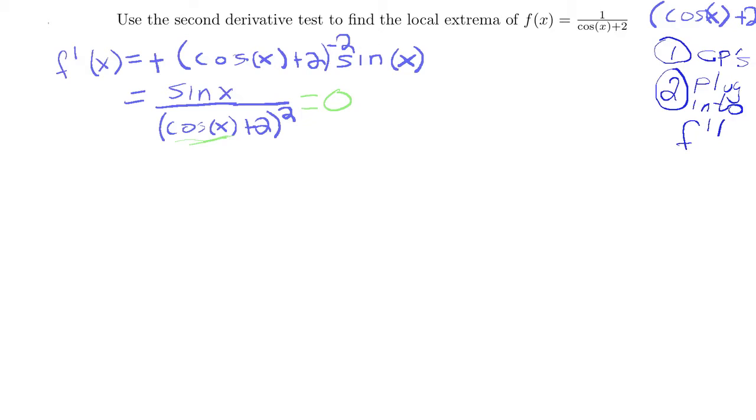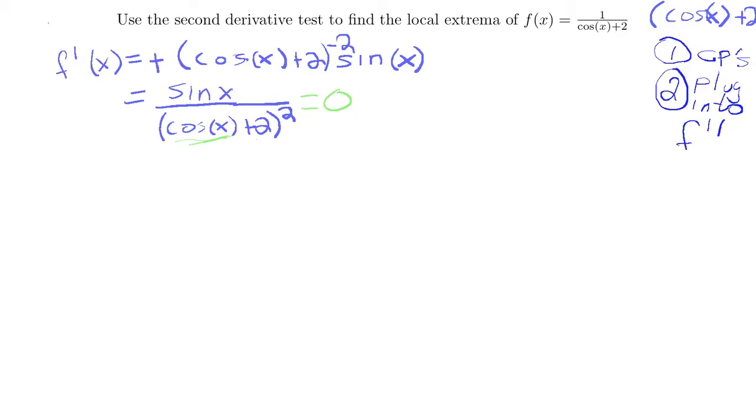So if you multiply both sides by cosine x plus 2 squared, then what you get is that you're solving sine of x equal to 0.